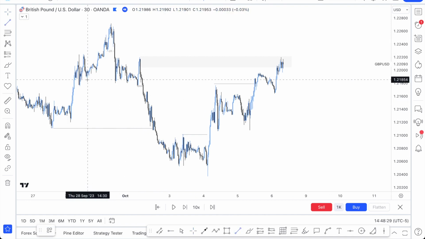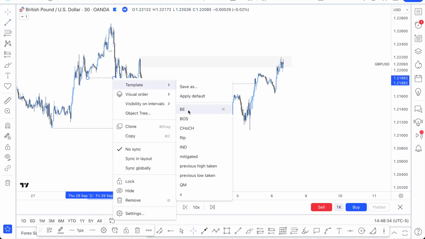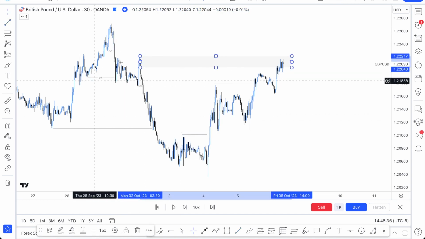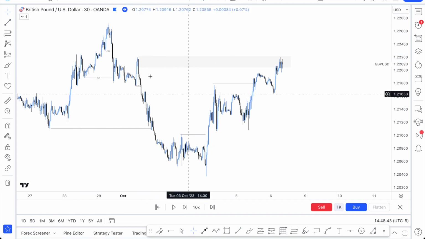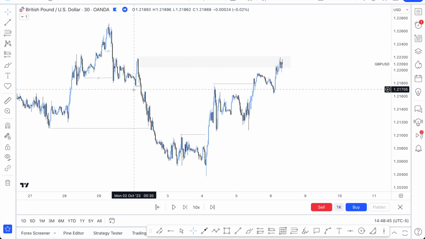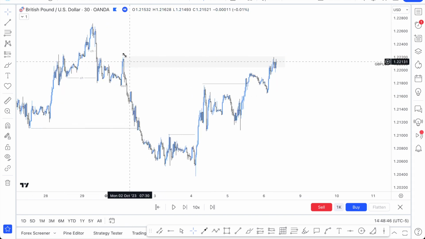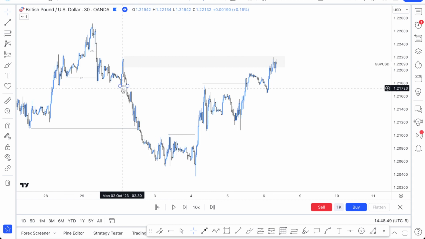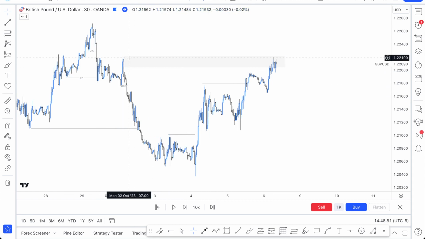We have another one right there. Okay, so the real CHoCH, because price is fractal, and I'm not going to go into explaining why price is fractal and whatnot, but just understand the theory and my examples here. Whenever you see a break of structure, always refer to the high that broke the low, right? And it was this high.